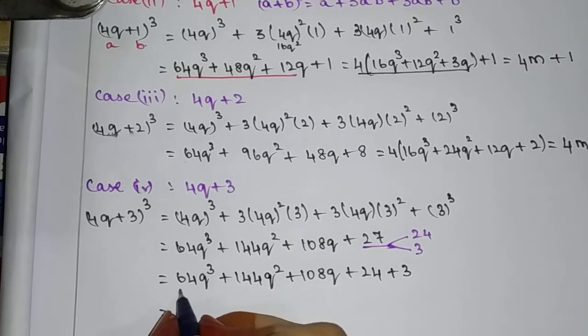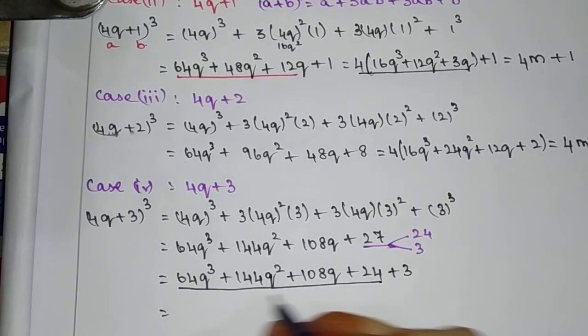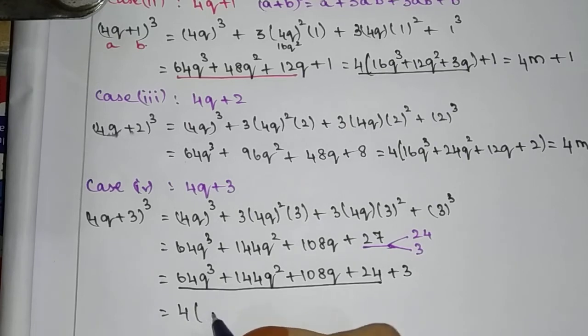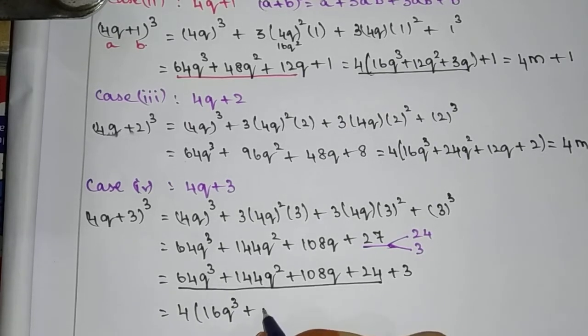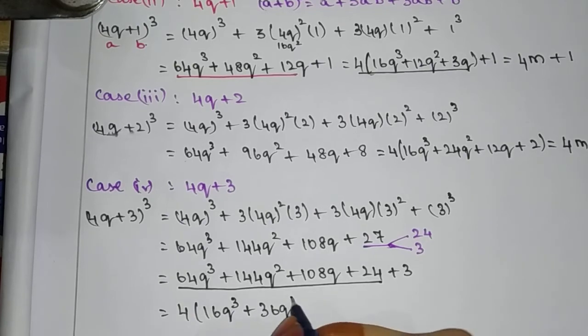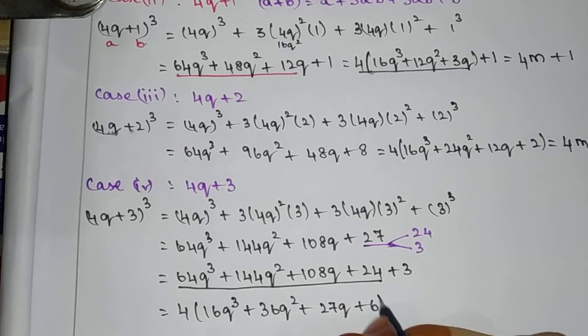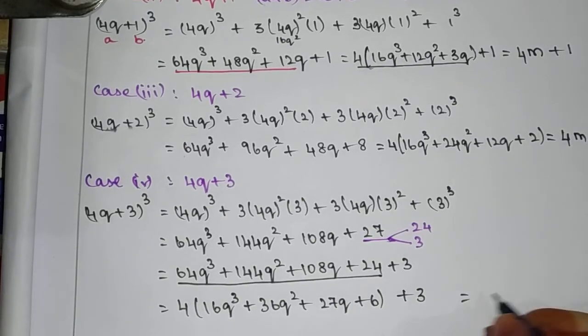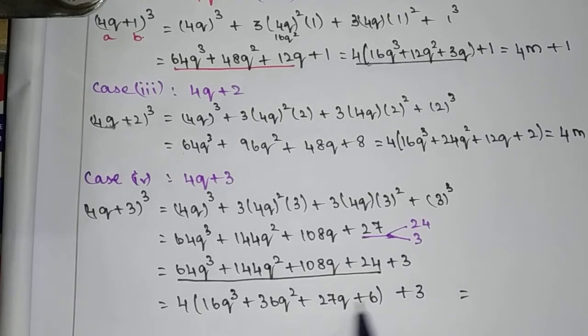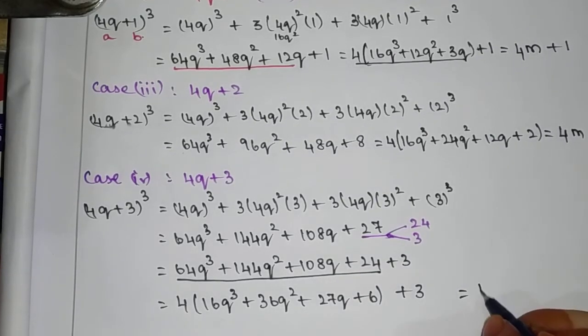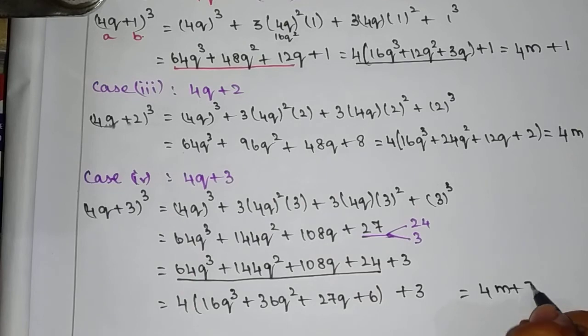Now take common from these terms. I am taking 4 as common, so we get 16q cube plus 36q square plus 27q plus 6 and plus 3. Here we will be getting, since this is a multiple of 4, so we get 4m plus 3.